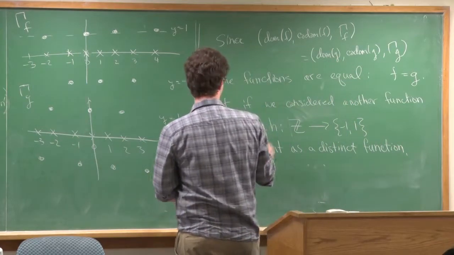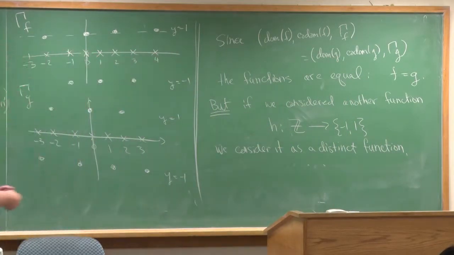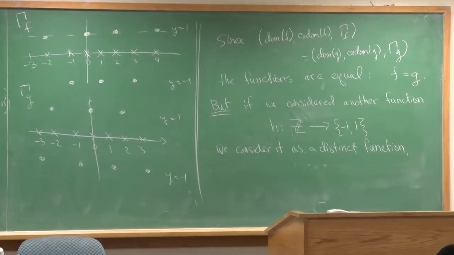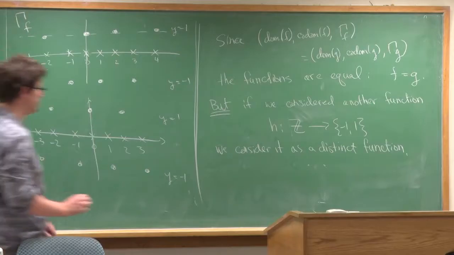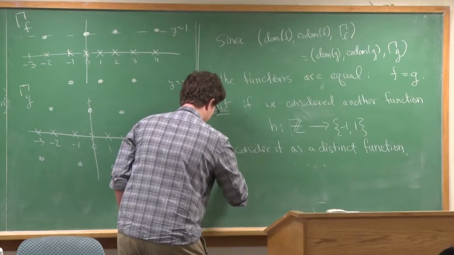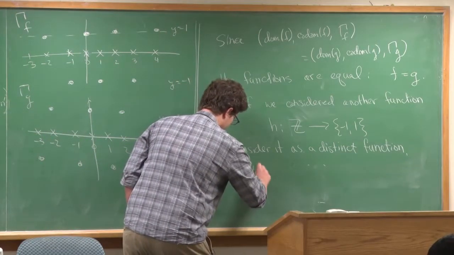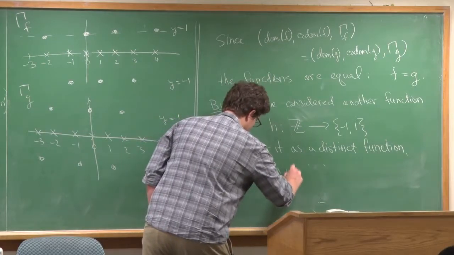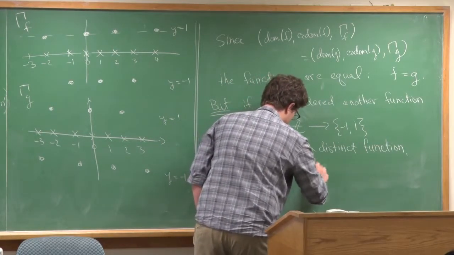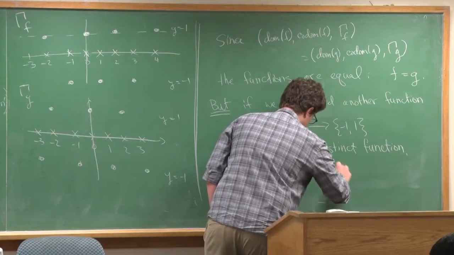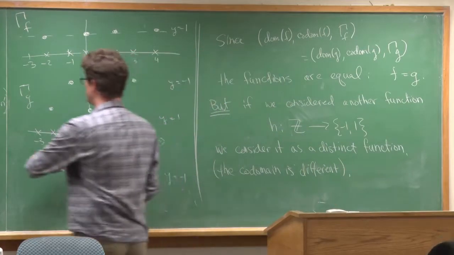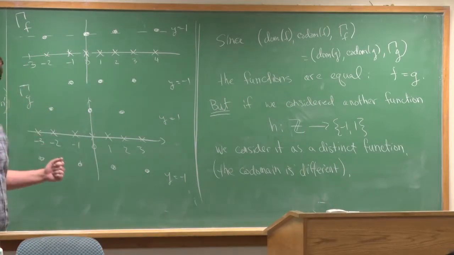So this one we consider as distinct since here the codomain is different, right? And this actually has the exact same graph as well.